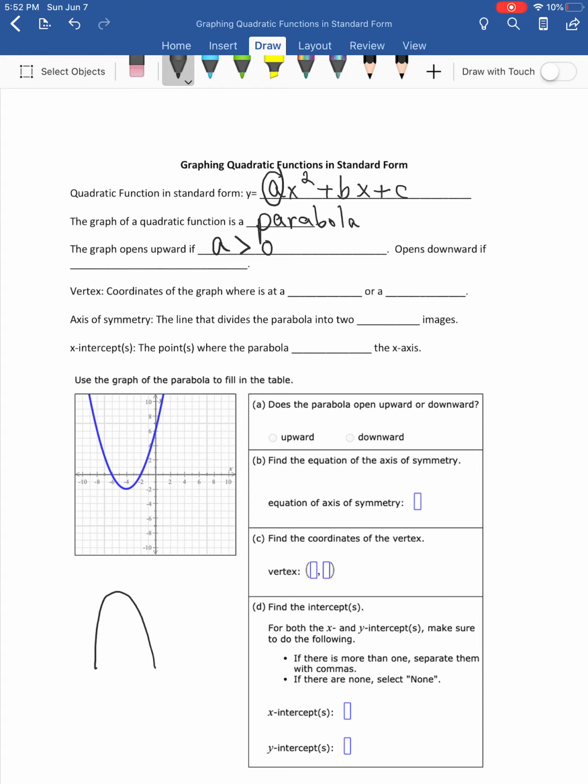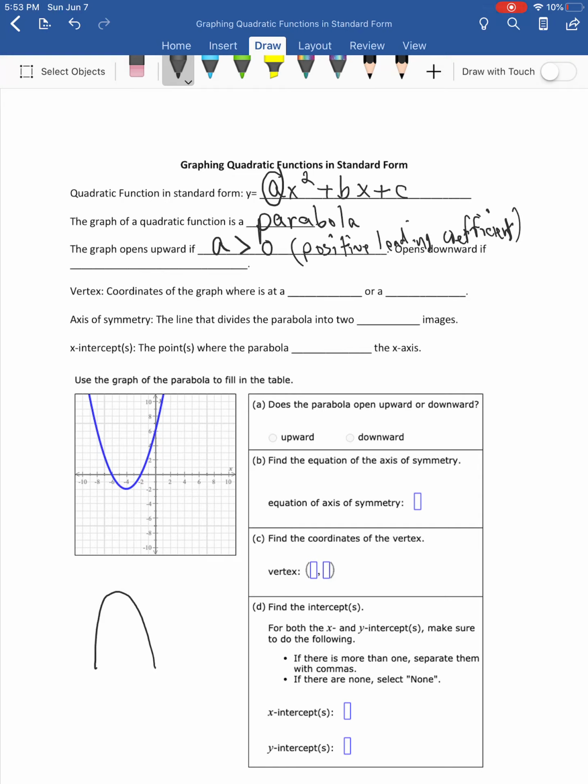It opens downward if a is less than 0. So if the equation starts with a positive leading coefficient, like y equals 3x squared plus whatever, then it's going to open upward.